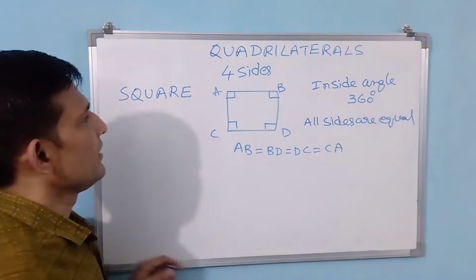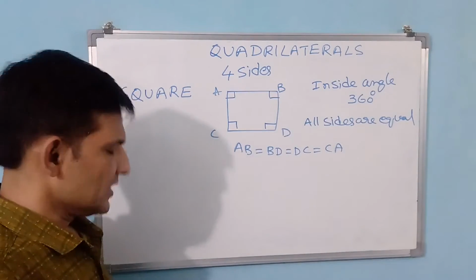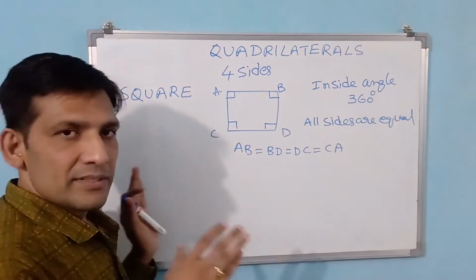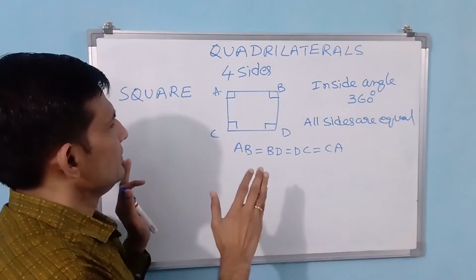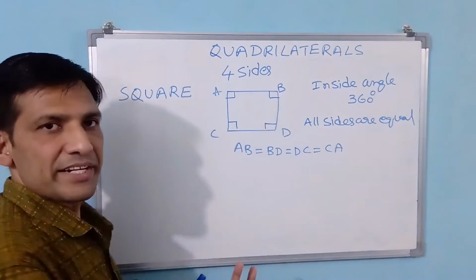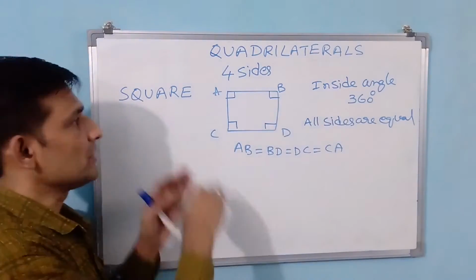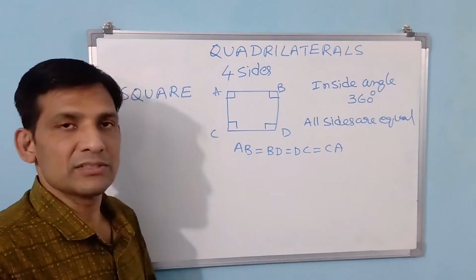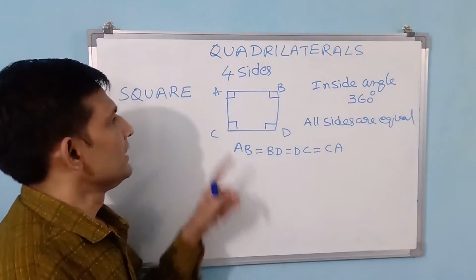All sides are equal. Normally each inside angle is 90 degrees. Why? Because the total is 360 and all sides are equal, so naturally the angles also should be equal.